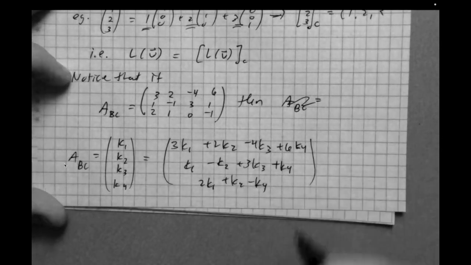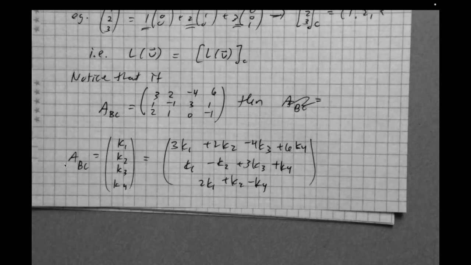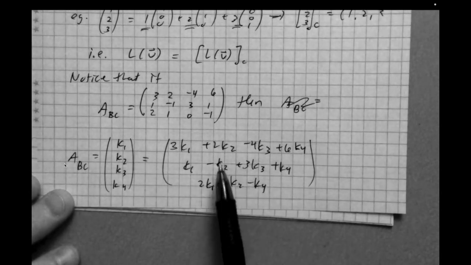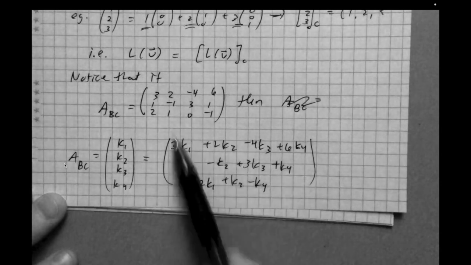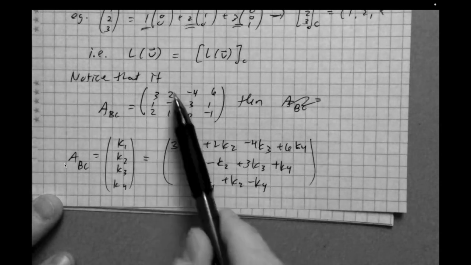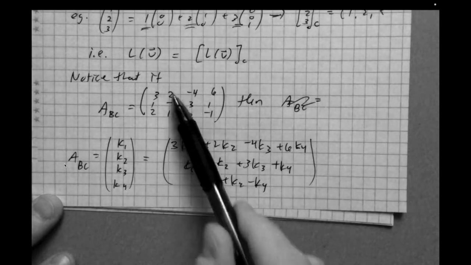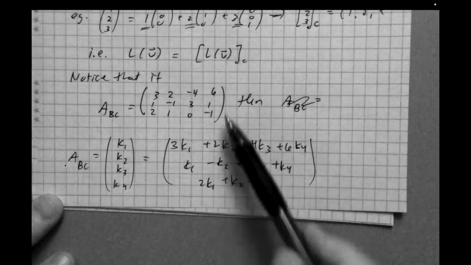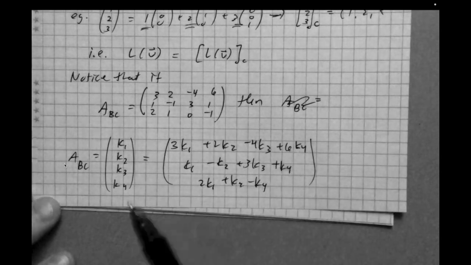So this is the transformation of V under this existing basis. You can see the columns 3, 1, 2, then 2, -1, 1, then -4, 3, 0, then 6, 1, -1.